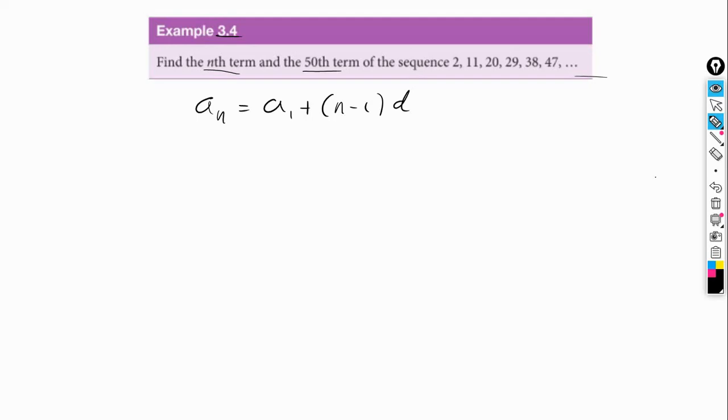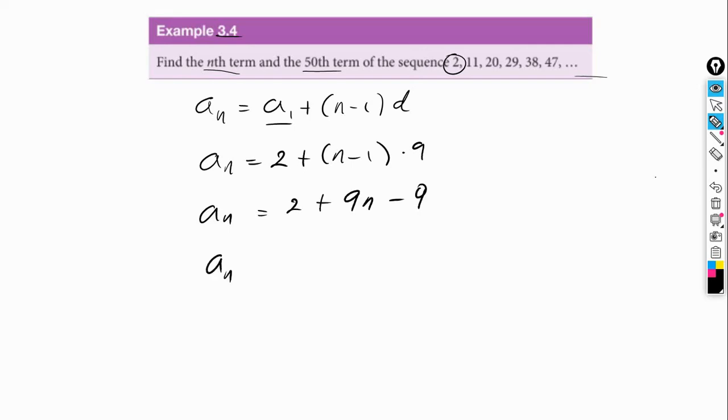So that means that the nth term is going to be a sub n, first term, which we know here is 2, so 2 plus n minus 1, and in this case times 9, right? That's the common difference. So if we expand this, notice that this is going to be 2 plus 9n minus 9.